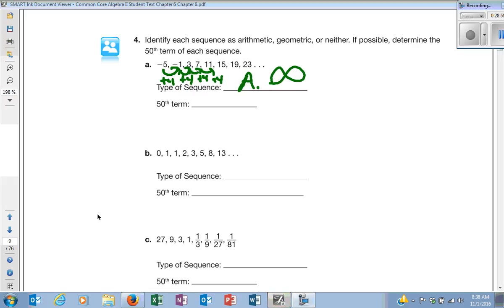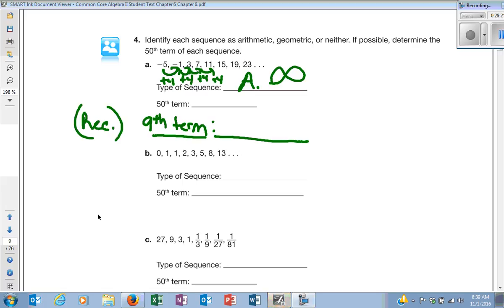If I was going to find, now watch this, what if I said the 9th term? If I asked you to find the 9th term, would you use the explicit formula, or would you use the recursive formula? If I was doing this one, I would use the recursive.